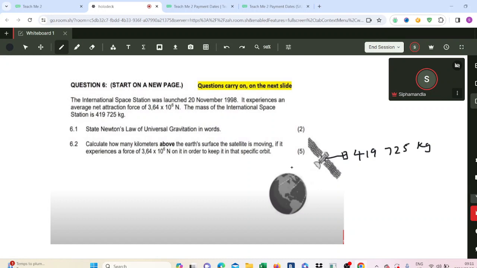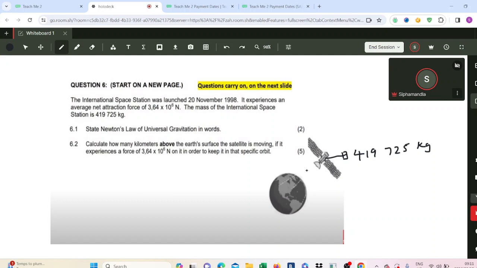Obviously, the universal gravitational law is when we are looking at the mass of two bodies. These two bodies are the earth and the satellite.